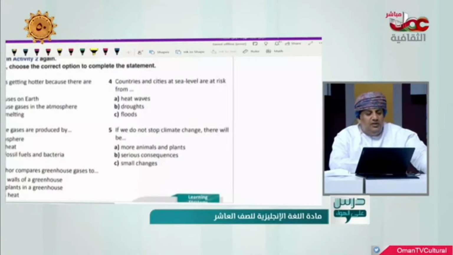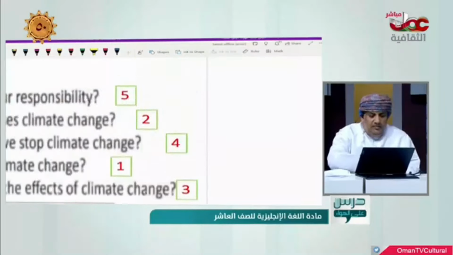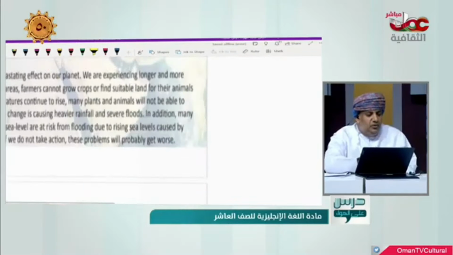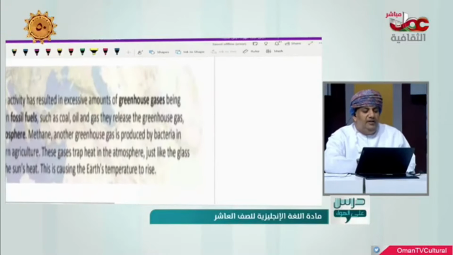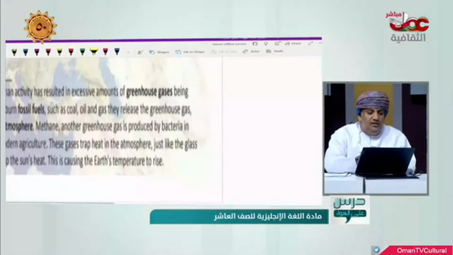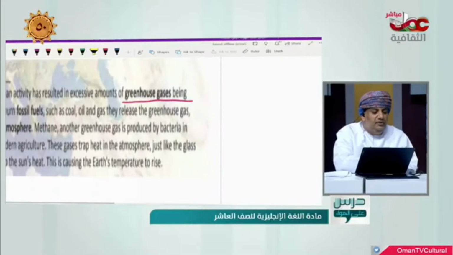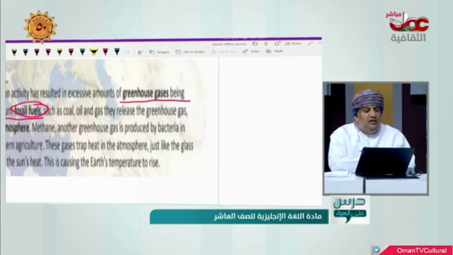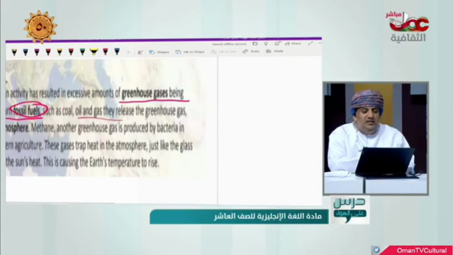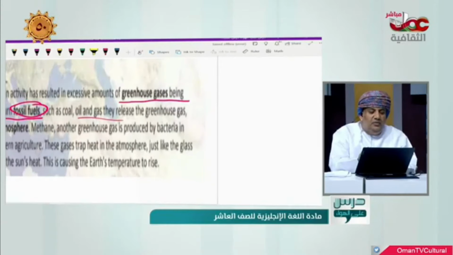Now to answer this question, let's go back to paragraph number 2. Paragraph number 2. Okay, here's paragraph number 2. Greenhouse, let's read together. Greenhouse being produced when people burn fossil fuels such as coal, oil and gas, release in the atmosphere, and also here with bacteria.